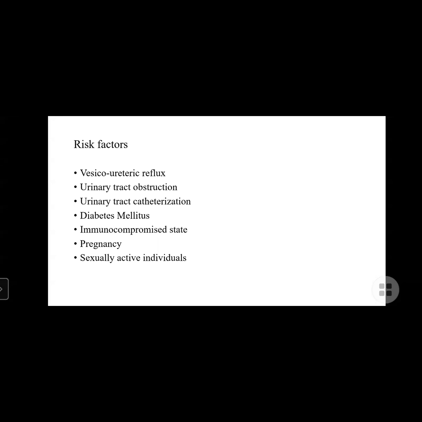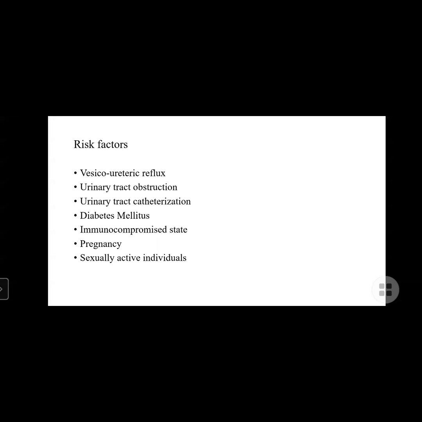The third risk factor is urinary tract catheterization. Urinary tract catheterization is supposed to be a sterile procedure. And if this is not done accordingly, if the aseptic technique is not followed, there can be introduction of organisms during the procedure.